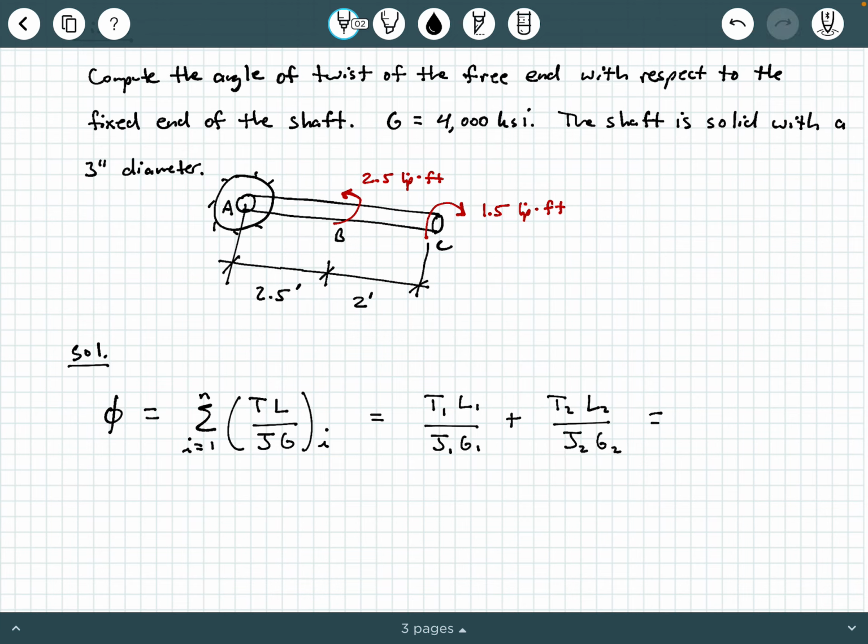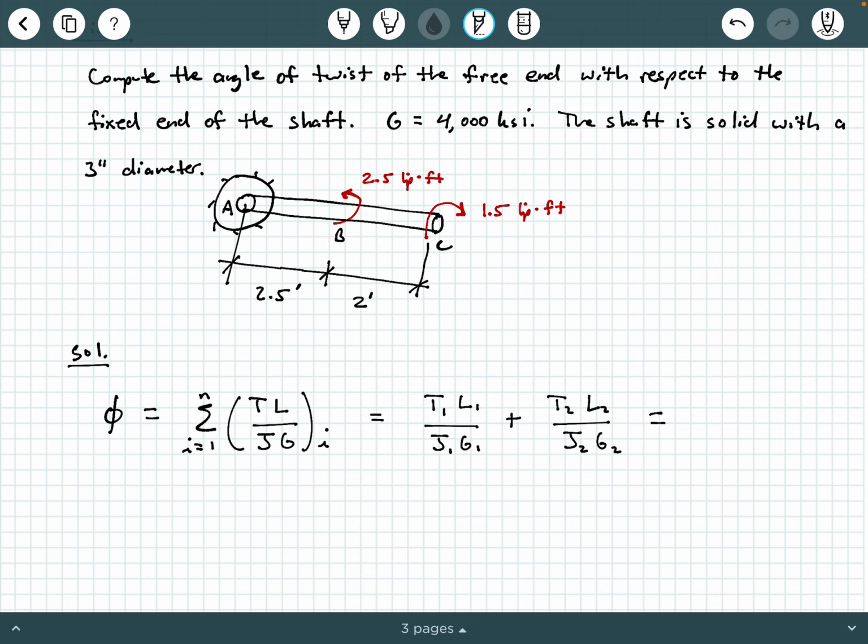J2G2. Now, you might notice that the shaft is solid with a 3-inch diameter, which means that the cross section is constant throughout the entire length. Also, the shaft is entirely made of one material that has a shear modulus of 4,000 ksi. So because of that, J1G1 and J2G2 are the same.